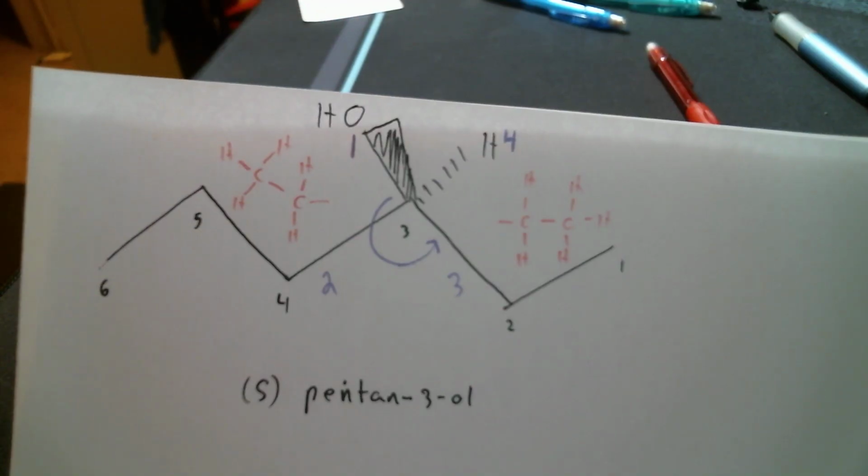Here is the first example. As you see, we have a 6 carbon chain, so that's a hexane. And at the number 3 carbon, we have an alcohol group, an OH, and a hydrogen. To assign priorities, the OH, since that is an oxygen, gets the highest priority. Now the carbon chain goes in 2 directions.